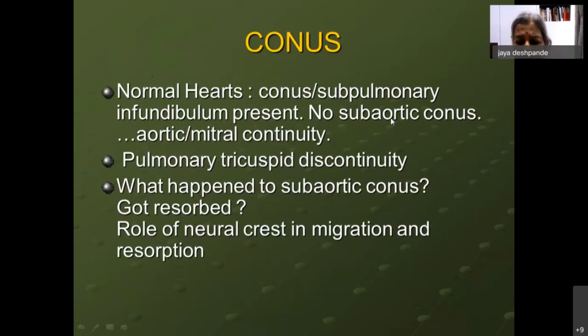So, what happened to the subaortic conus? It probably got resorbed. And why did it get resorbed? Because there is the role of neural crest in the migration and resorption of the cardiac cells.